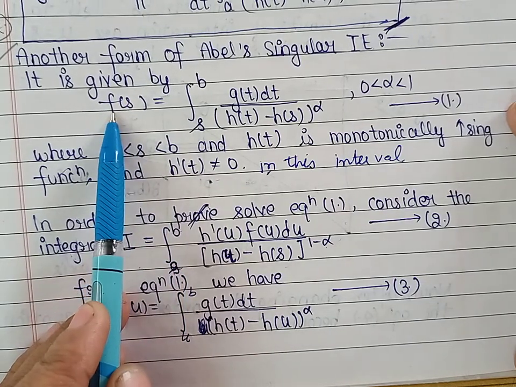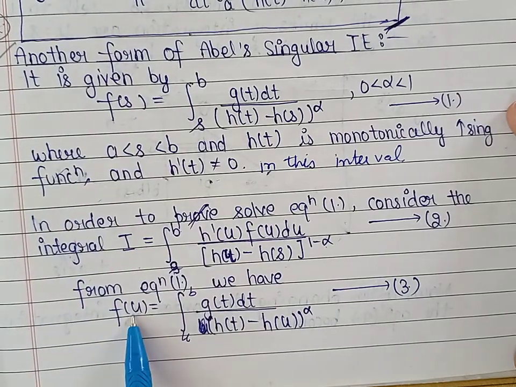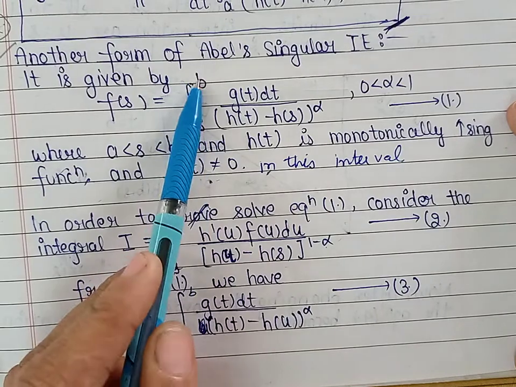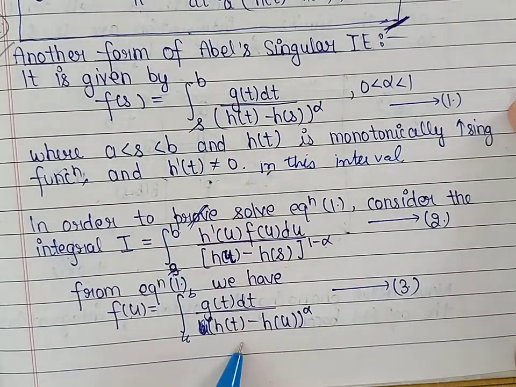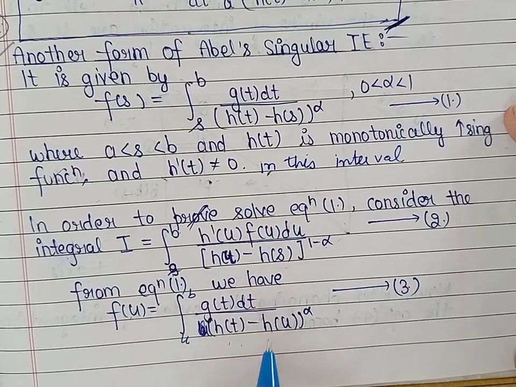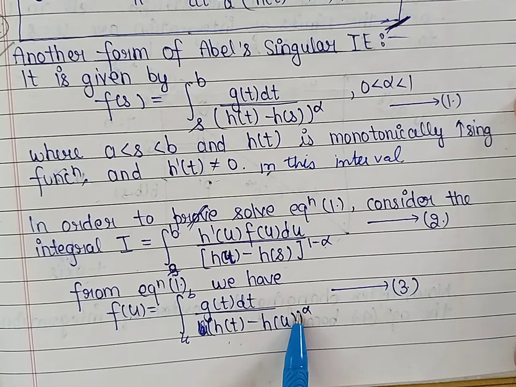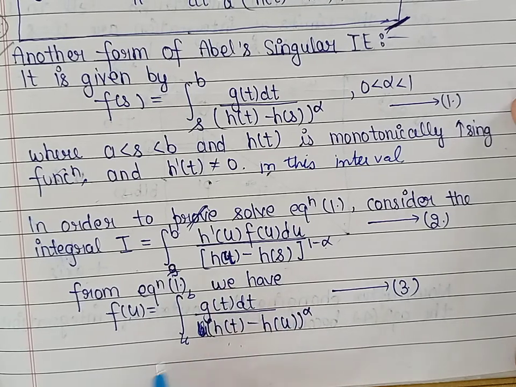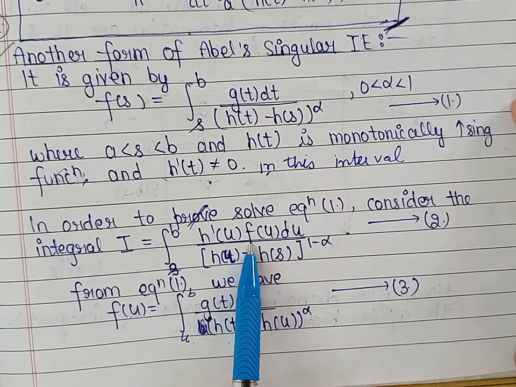If we replace s by u here, this will become f(u). The limits of integration will become u to b, g(t) dt divided by (h(t) minus h(u)) whole raised to the power alpha.